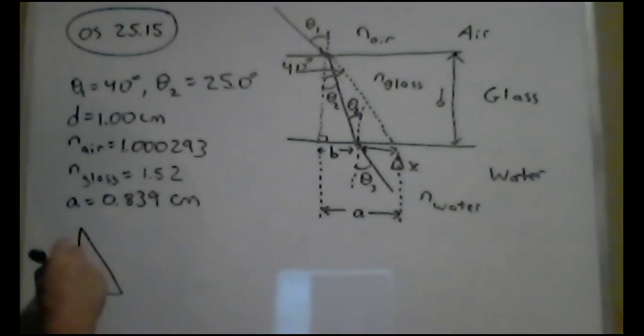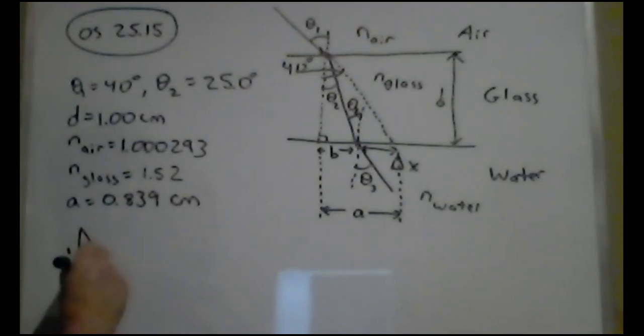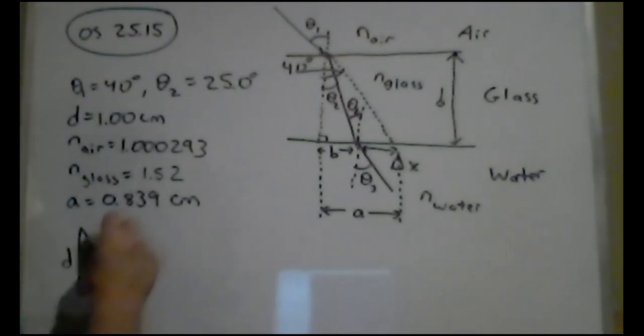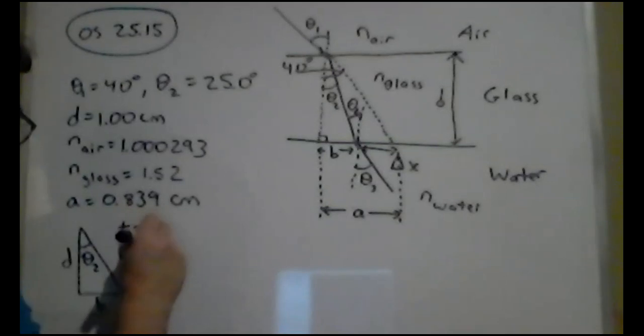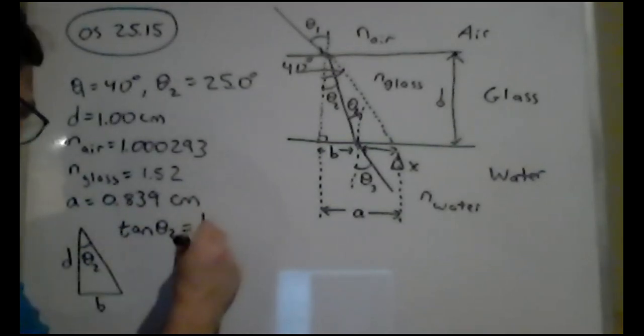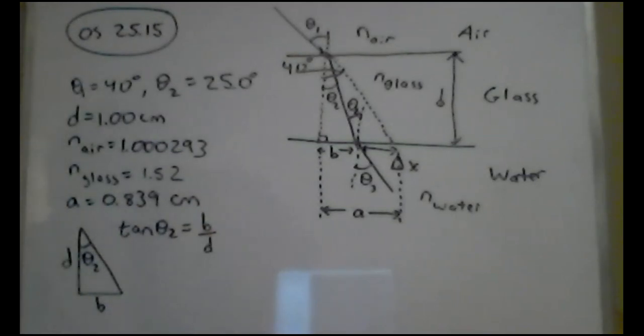So again, the thickness is D. This is now theta 2, the refracted ray, and the bottom of this is B. Same math, right? Opposite over adjacent. Tangent theta 2 is opposite, which is B, divided by the adjacent, which is D.